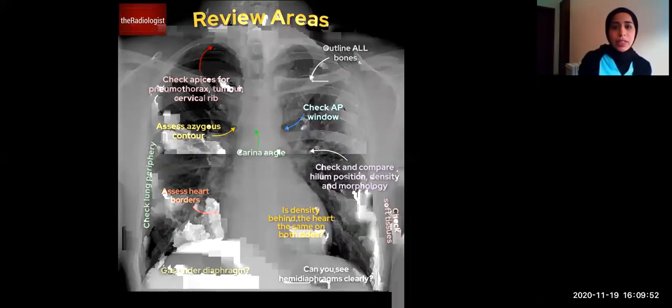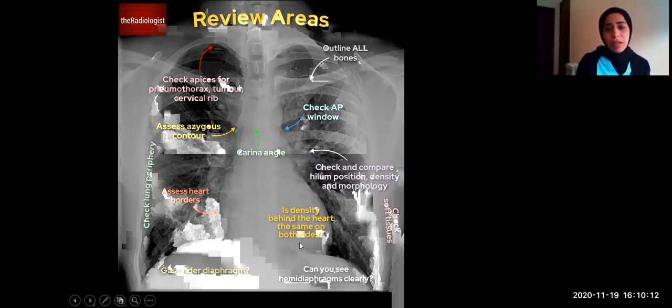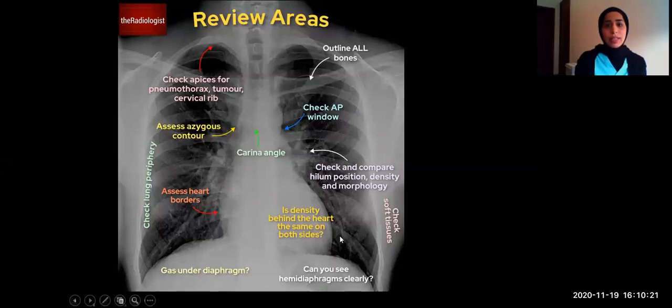The secret areas are the apices on both sides, which should typically be symmetrical. Then the soft tissue around the chest area, and the retrocardiac region, which should be symmetrical on both sides, and any density or air behind the cardiac shadow should be reported as abnormal. Finally, the patency of the airway and the symmetry of both lung fields.